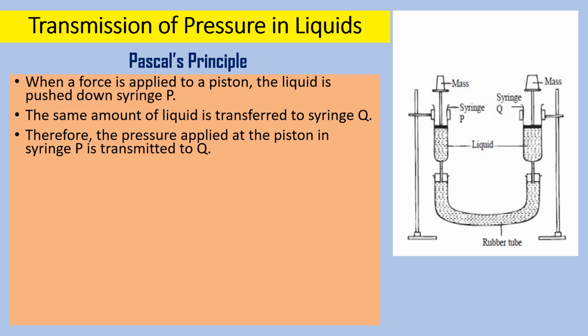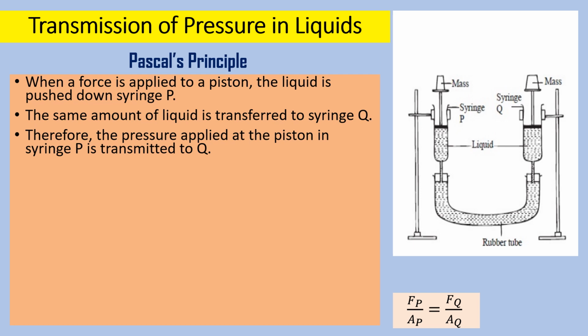Then remember, pressure is equal to force divided by area, and in our derivation we were coming close to something like volume and area again, which will make sure that the pressure that is applied on one point will be transmitted to the other side, because the same volume or amount of liquid is transferred.